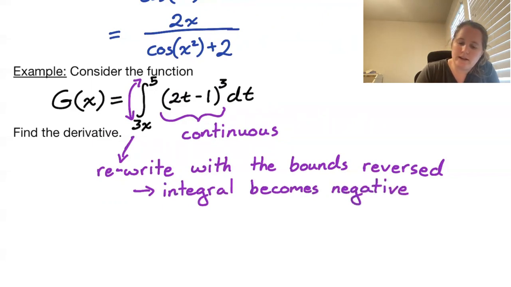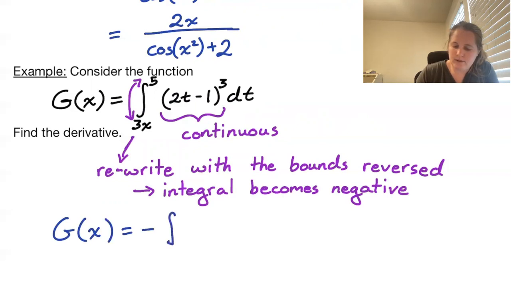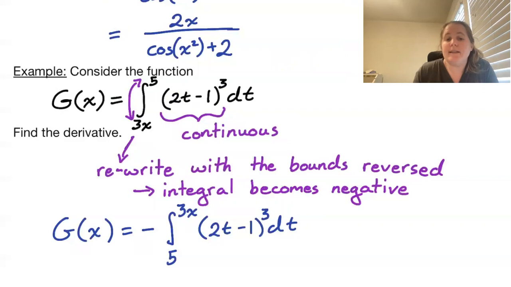So G of x is equal to the negative of the definite integral from 5 to 3x of 2t minus 1 cubed dt.